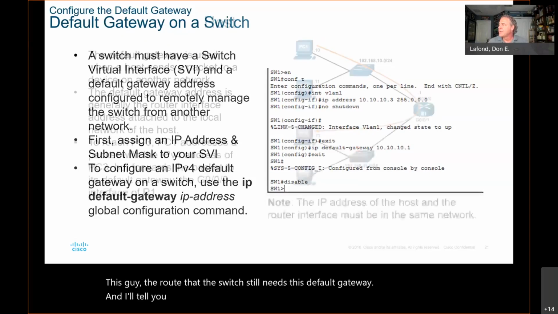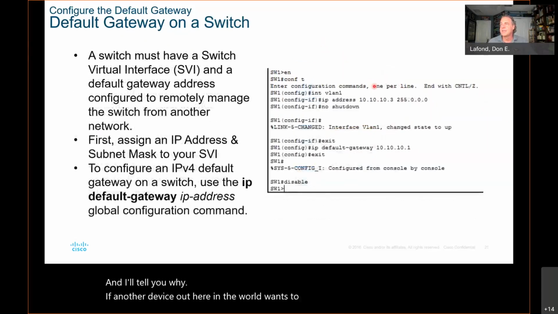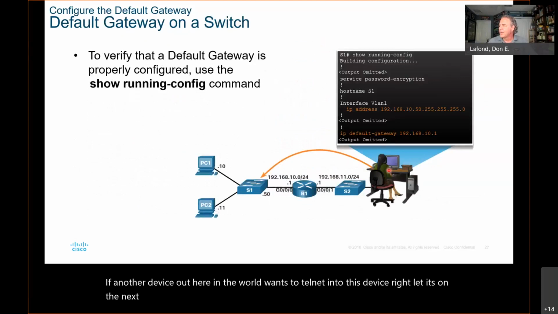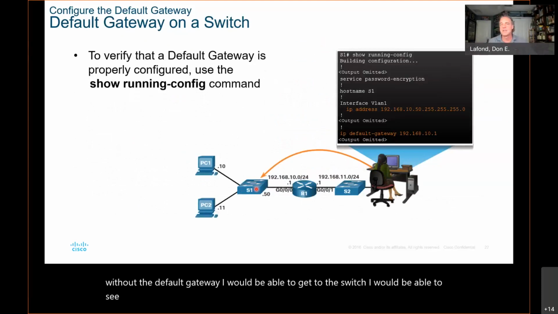The switch still needs this default gateway, and I'll tell you why. If another device out here in the world wants to telnet into this device, right? It's on the next page actually. If I want to configure the switch through SSH or telnet, without the default gateway, I would be able to get to the switch. I would be able to see that my commands would be able to get to the switch, but nothing would come back to me because there would be no default gateway.